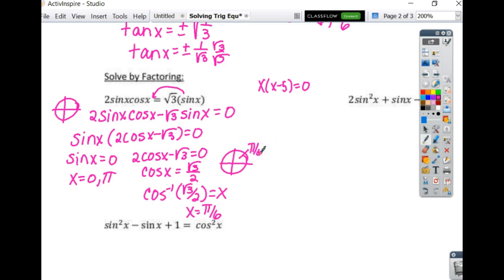So where else do I get a positive cosine answer? Down here, right? Because these are the positive x's. So it's down here. So that's 2 pi minus pi over 6, which is 11 pi over 6.